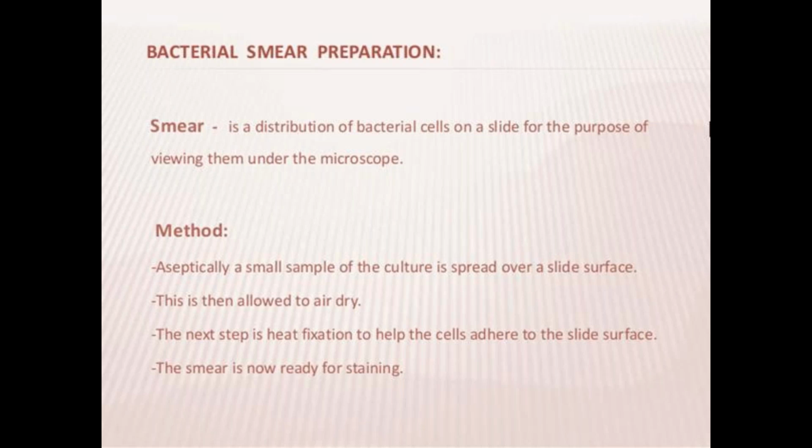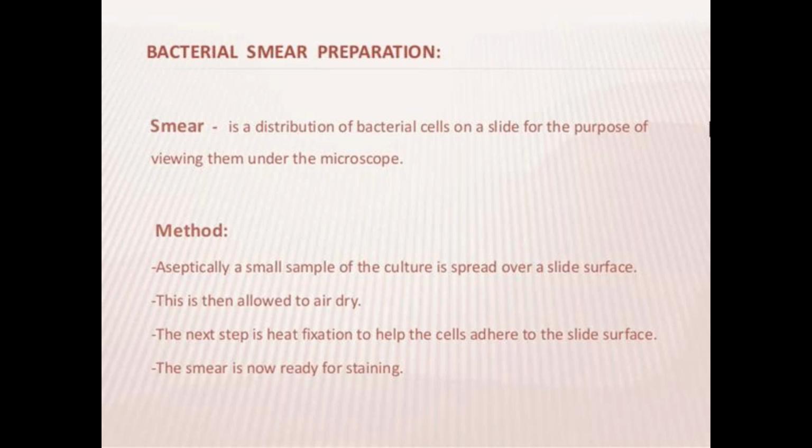Heat fixing means for the cells to adhere to the solid surface, we are using the slides. That means for the microbial cells to adhere to the solid surface, this is done by the process called heat fixation.